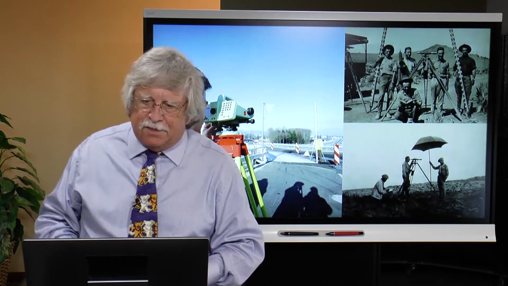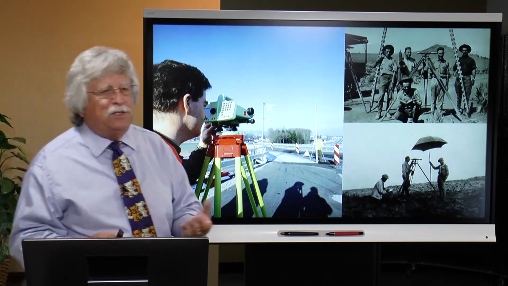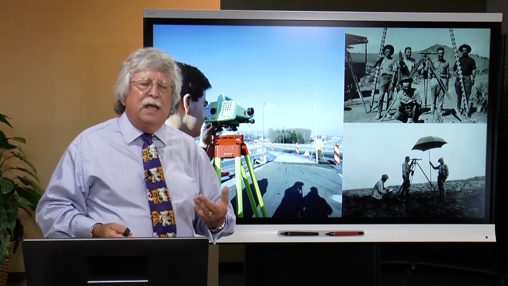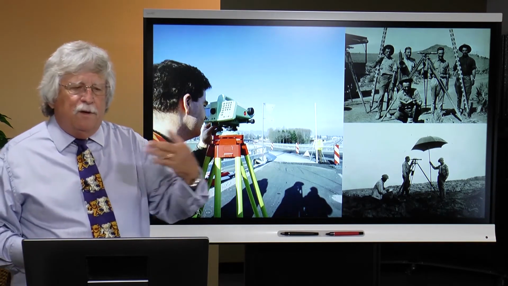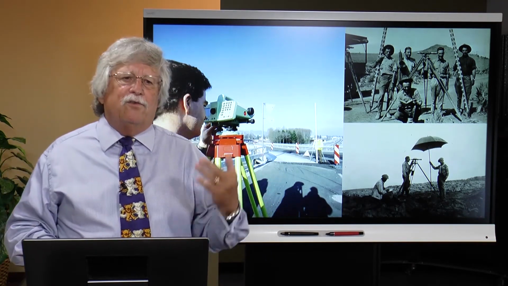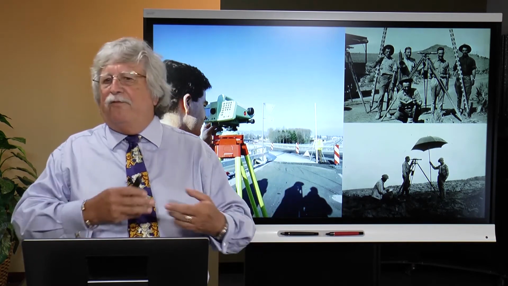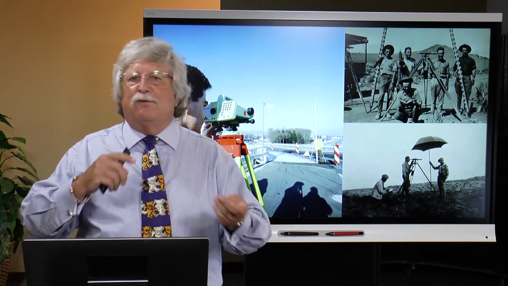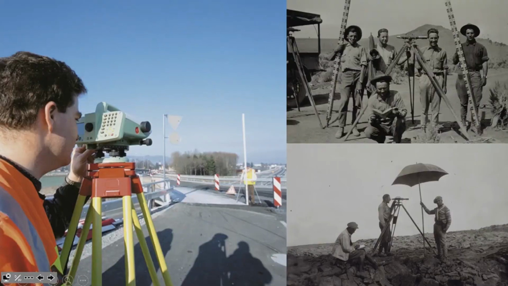So just as a highlight, I love the pictures of people out doing leveling. If you took the session previously on the horizontal datums, you saw the various pictures about building towers and the different instruments that were used, and using astronomic observations as well as terrestrial observations. Well, to one extent or another, the process of leveling has not changed in well over 150 years.